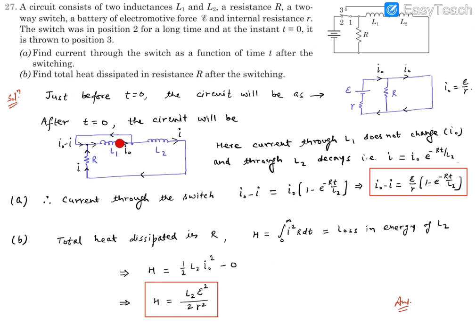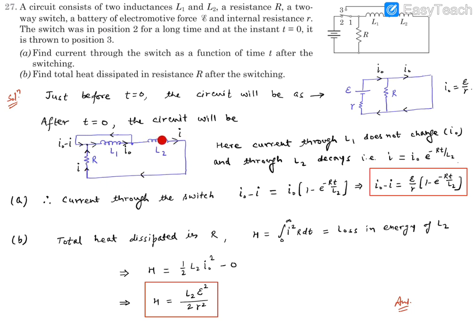That means L1 will maintain this I0 current for all time, and that I0 current will move around the circuit. Now what happens to L2? L2 will start with I0 current, but this current goes through the resistor, so the resistor will decrease the current over time. So the current through L2 is going to decrease.